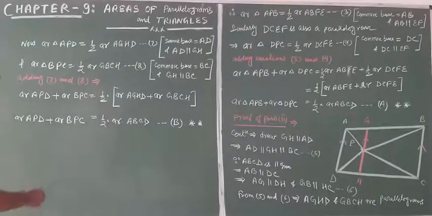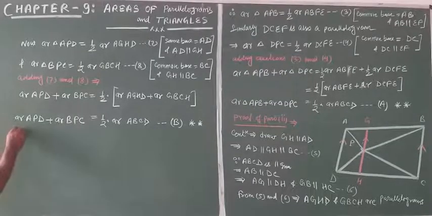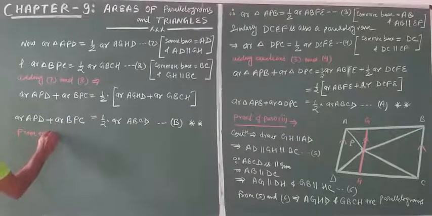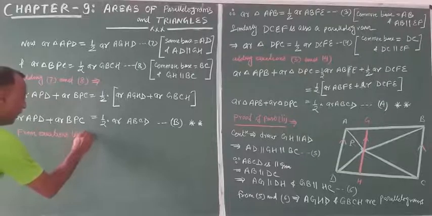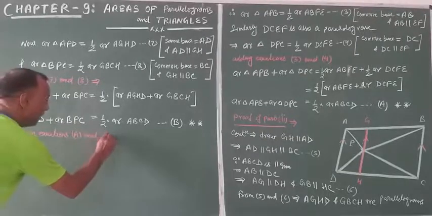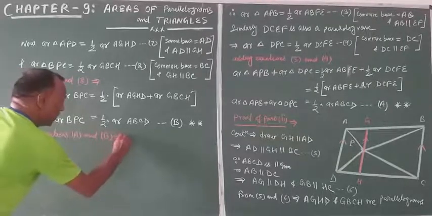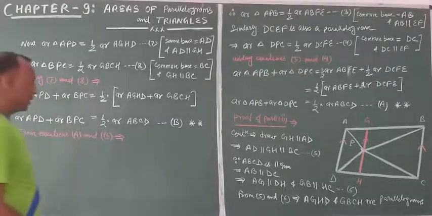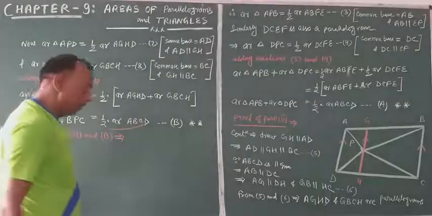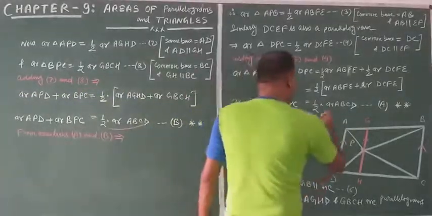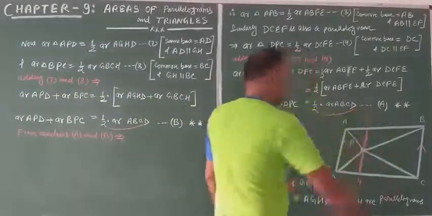From equations capital A and capital B, just look here. What about the right hand side? What is the right hand side of this equation? Half of ABCD, and here is also half of ABCD.